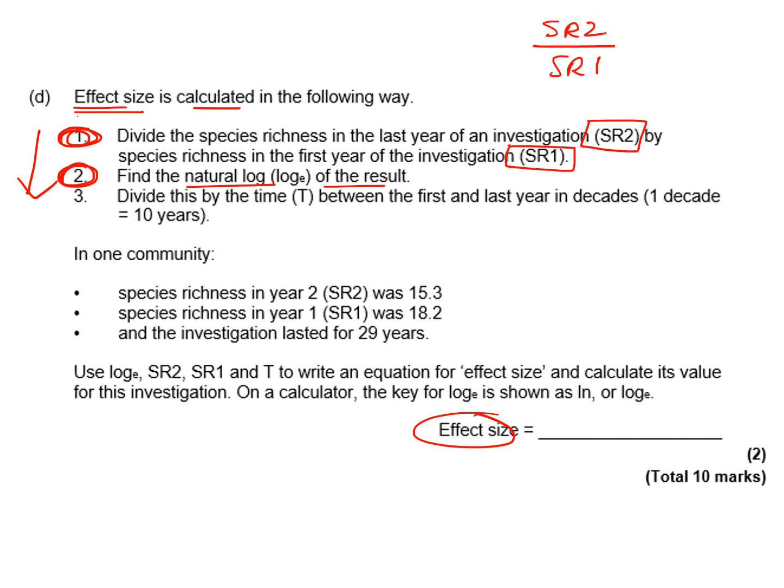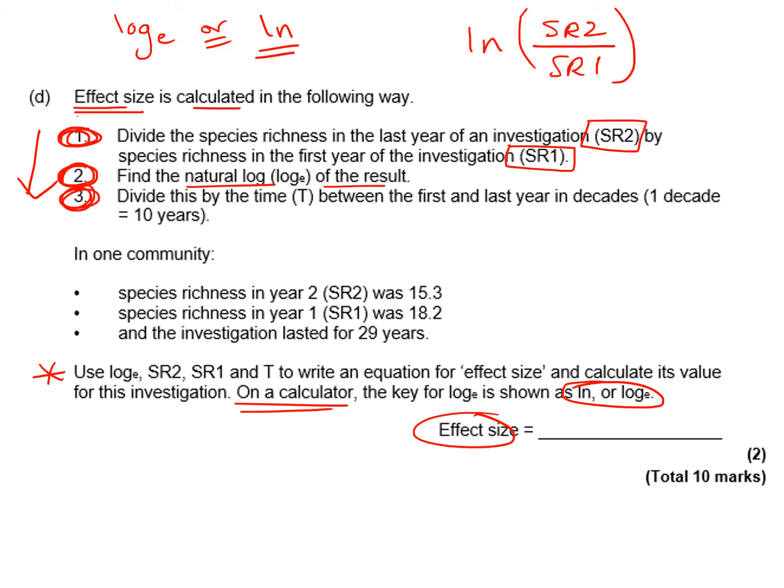Now, if you look down at the bottom of the information, it says on a calculator, the key for natural log is shown as ln or log e. So you're either going to use the log e button, or it says this symbol, because they mean the same thing. So basically we're going to do the natural log of this first division, which is point number 2.